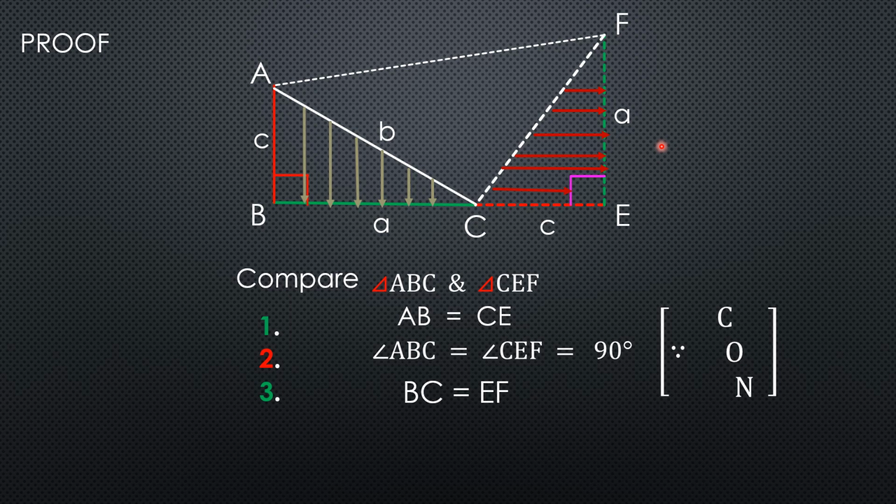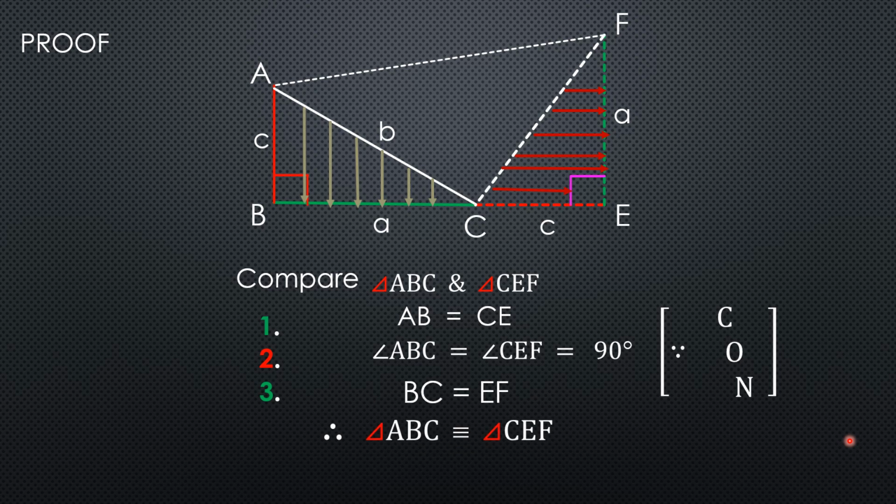We know that if two sides and an included angle of one triangle are equal to two sides and an included angle of another triangle, then those two triangles are said to be congruent.